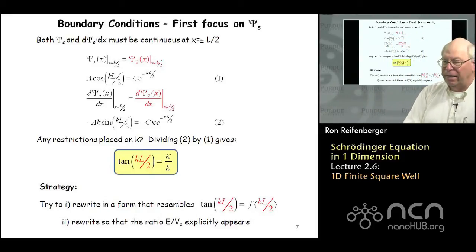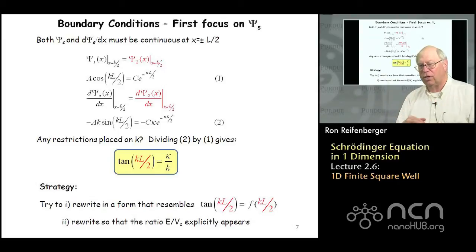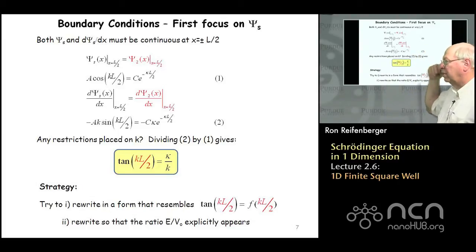The way this solution evolves is we just basically divide equation 2 by equation 1. That eliminates the unknown constants C and A, so they drop out, and we've got a condition that has to be satisfied if these two boundary conditions are going to be satisfied.